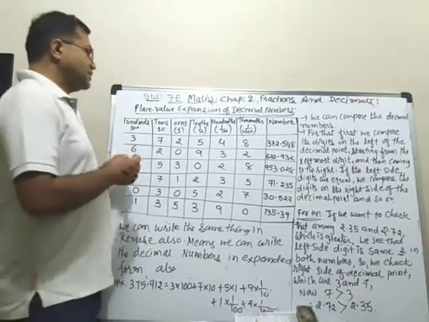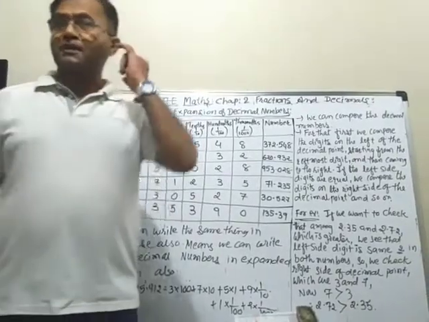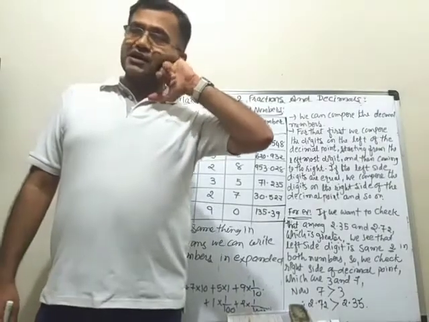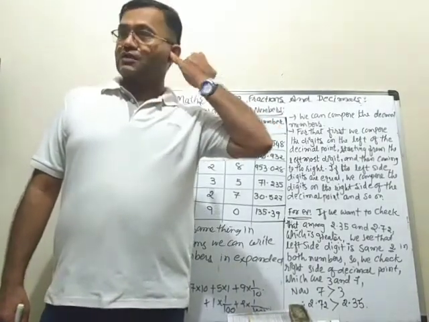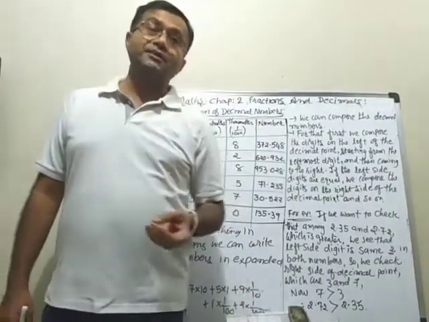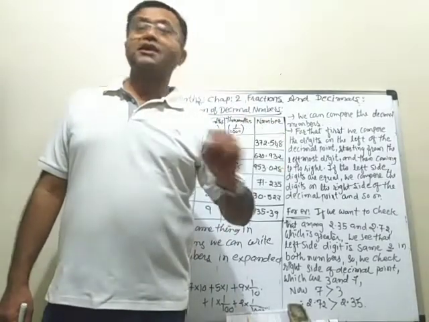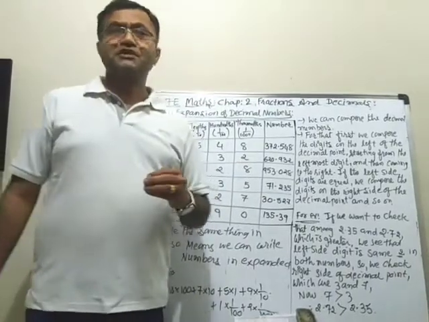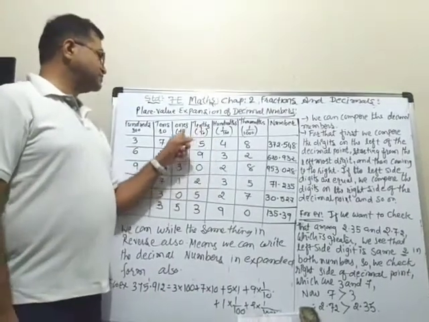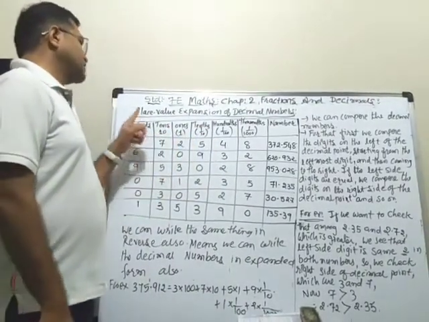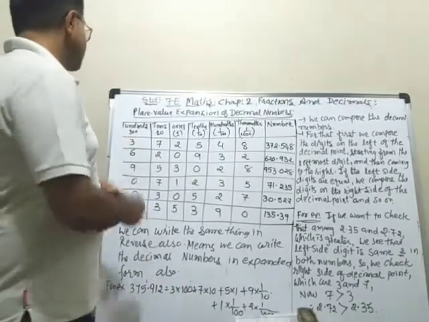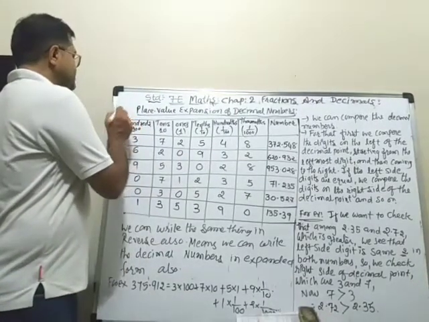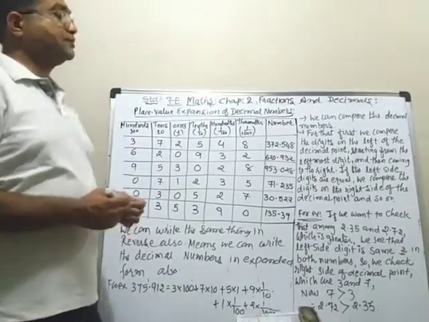We know that in normal numbers, like in the whole numbers, the numbers start from the right side. If you count, that is the ones place, tens place, hundreds place, thousands place, and so on.